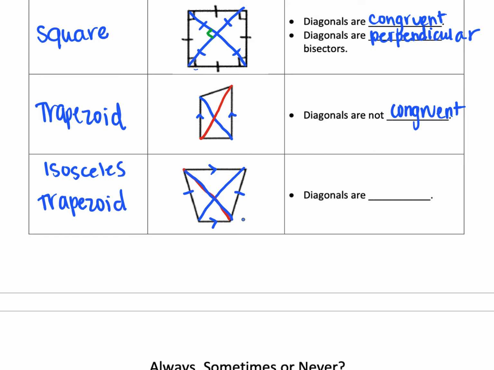So this whole blue line will be the same exact length as this whole blue line. Now, they're not bisecting each other because, again, you can see these short pieces down at the bottom aren't quite as long as their top halves, but the whole blue line here is going to be congruent to the other diagonal. So we can say that the diagonals are congruent in an isosceles trapezoid. But if you have just a regular trapezoid here, not an isosceles, then the diagonals will not be congruent.